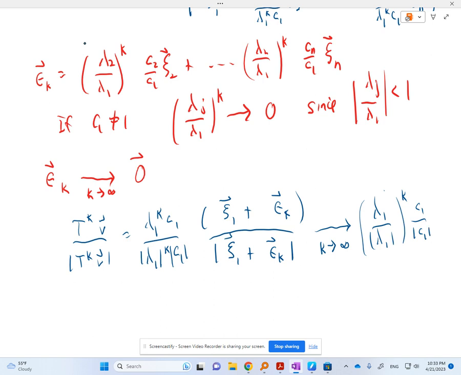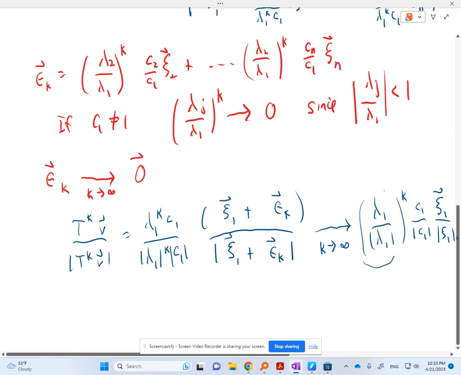And then this is going to just go to zeta 1 over the norm of zeta 1. All right. Now, what about this first term here? The absolute value of this first term is 1.